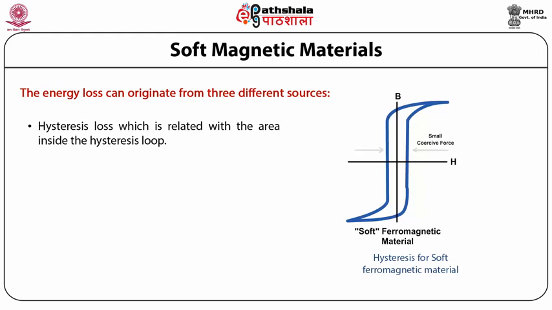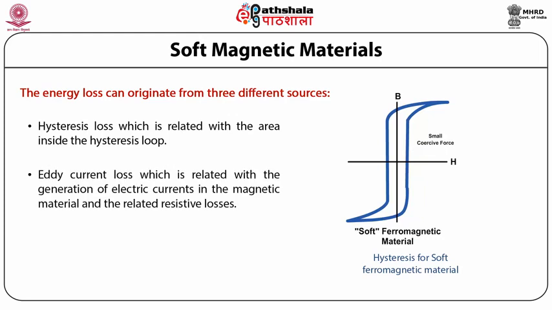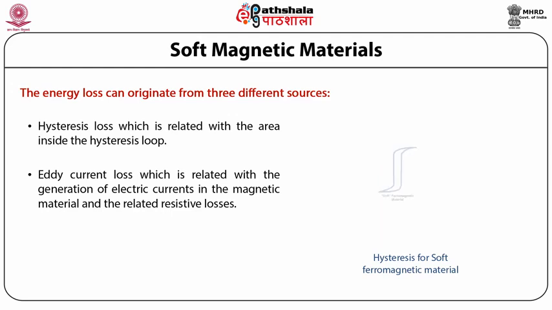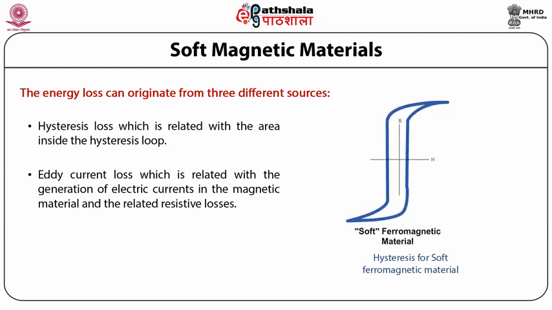Second is eddy current loss, which is related with the generation of electric currents in the magnetic material and the related resistive losses. The eddy current losses can be reduced by decreasing the electrical conductivity of the material and by laminating the material, which has an influence on overall conductivity and is important because of skin effects at higher frequency.